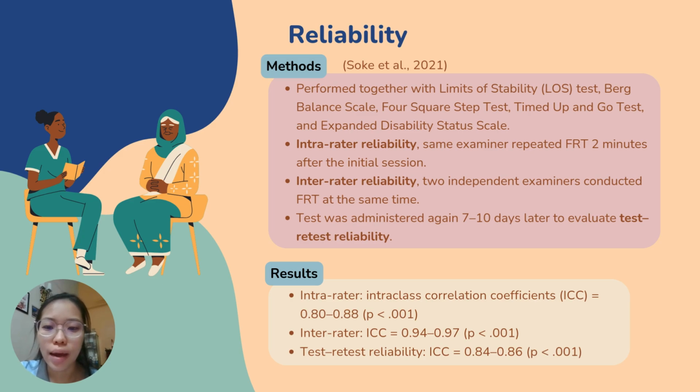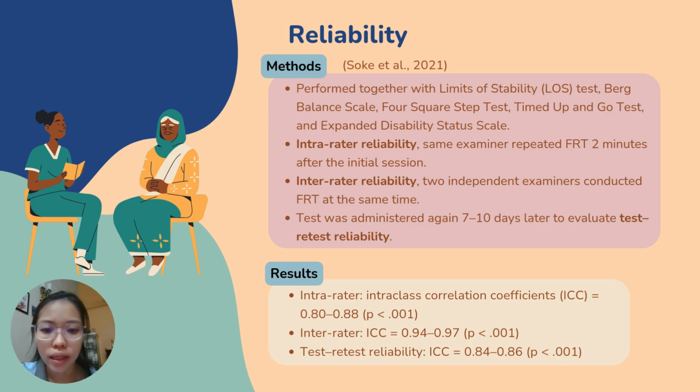Next is the reliability of the functional reach test. They performed it together with outcome measures such as the limits of stability test, Berg Balance Scale, four square step test, timed up and go test, and expanded disability status scale.